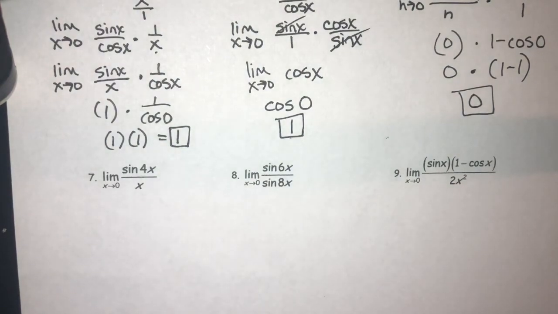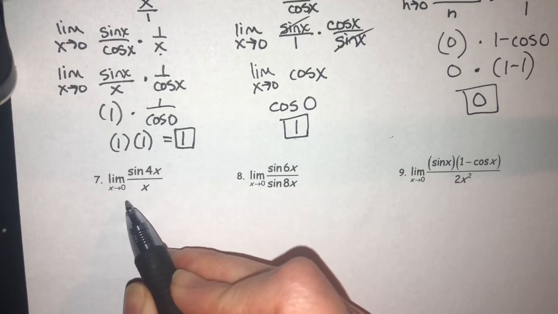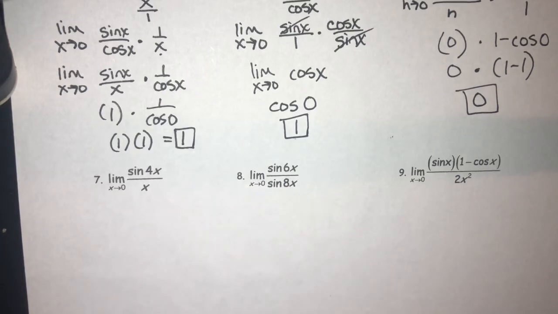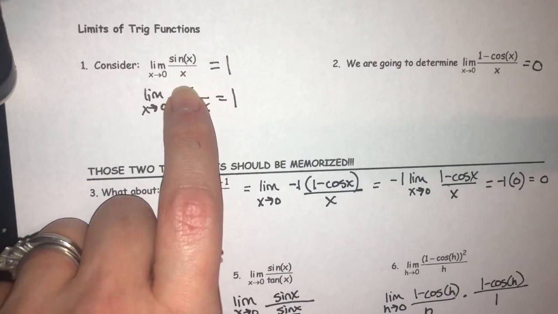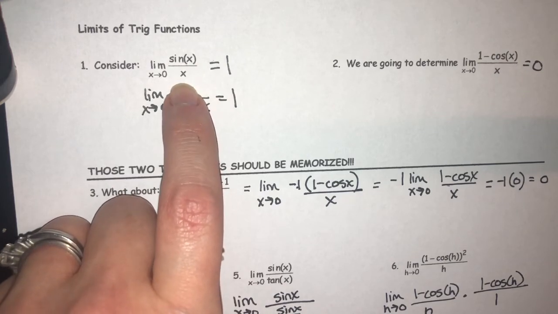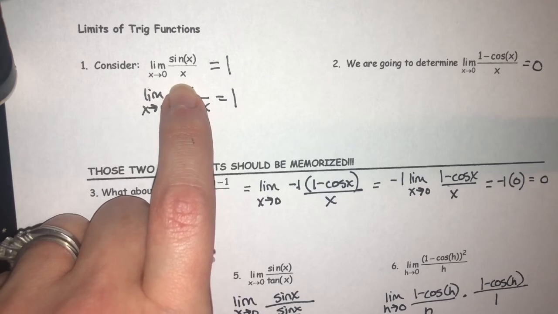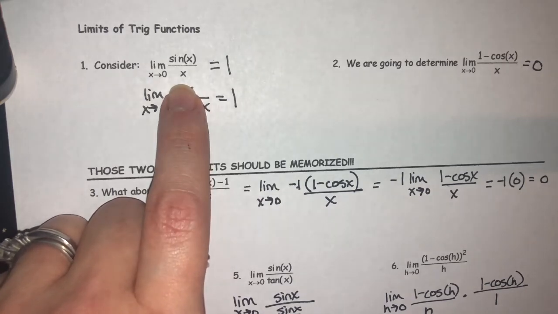Okay. Number 7. We have the limit as x approaches 0 of the sine of 4x divided by x. Now, I want you to think about this limit, the sine of x over x. What is x here? X is any number, isn't it? X is a variable. It could represent 100, 1,000, a million, negative 100.